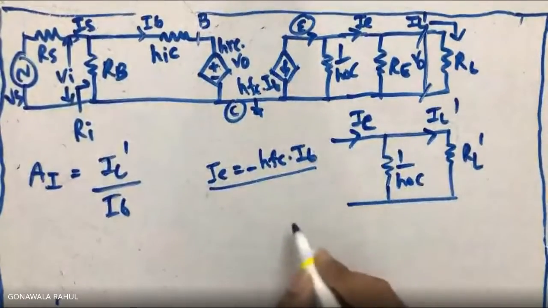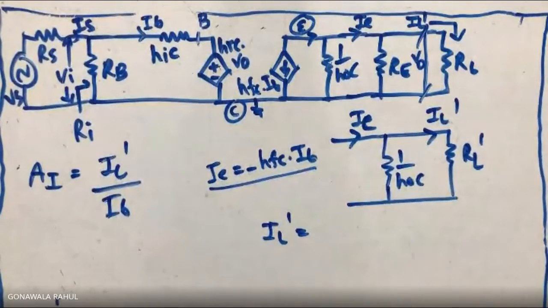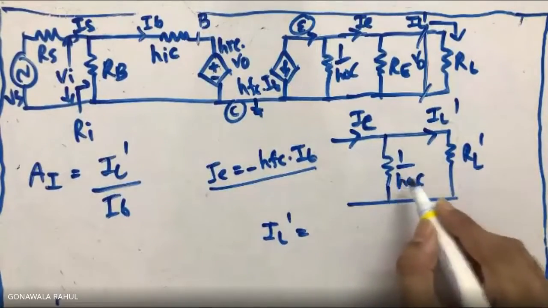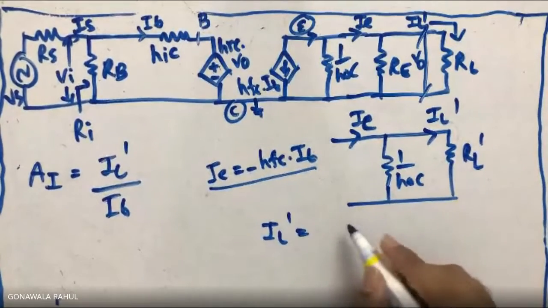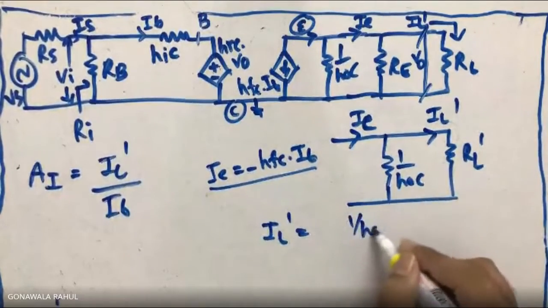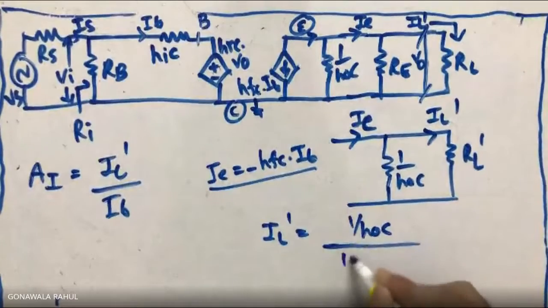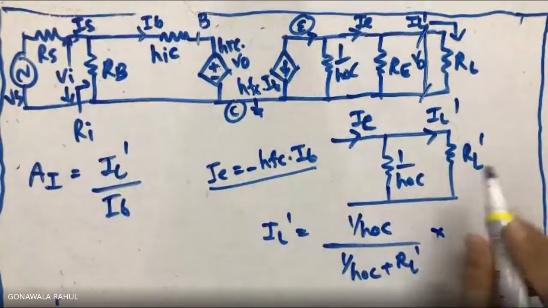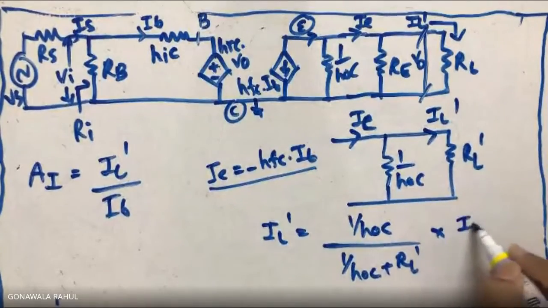Now IL dash is equal to, applying the current divider rule, the opposite side resistance, 1 by HOC, upon the total resistance, that is 1 by HOC plus RL dash, into the current of the opposite side. So that will be IE.